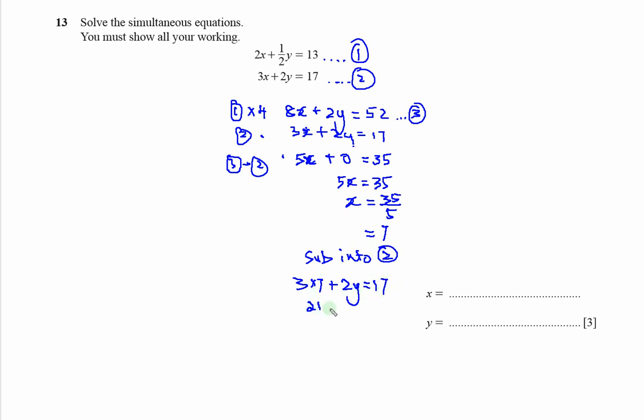This is 21 plus 2y equal to 17. 2y equals 17 minus 21, which gives you minus 4. So y becomes minus 4 over 2, which gives you minus 2.